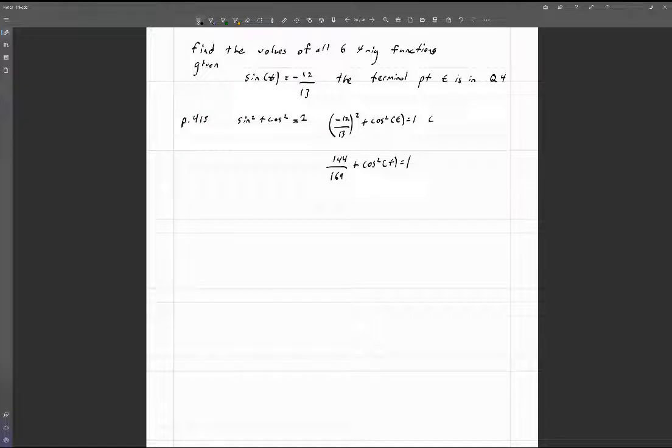So cosine squared t equals 1 minus 144 over 169. That's 169 over 169 minus 144 over 169. That's 25 over 169.